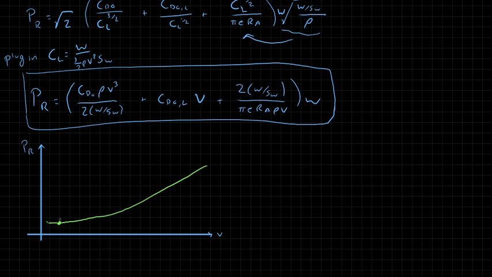Now as we go up in altitude, this starts to look something more like this. So the entire curve just kind of shifts. Okay? So power required is a function of altitude, as you can see by this density term, which changes with altitude. And it's a function of the design of the aircraft as well as velocity. Okay?